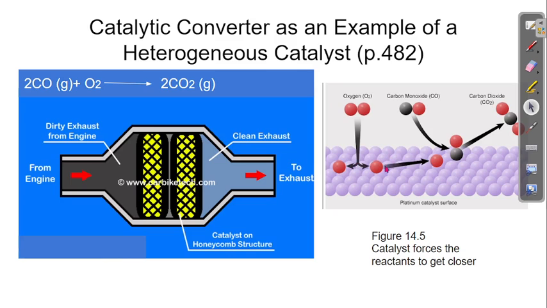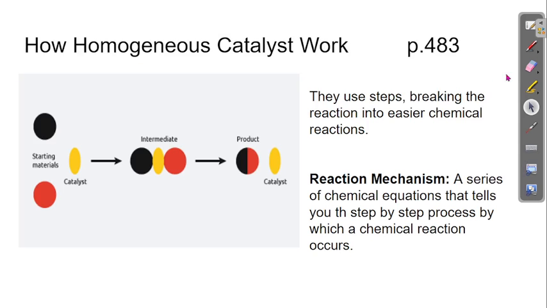Once they are in close proximity, they can do their reaction and become carbon dioxide. Then they disappear and the metal is left behind to do it again and again and again. So you're going to have to be able to explain how a catalytic converter works back to me.